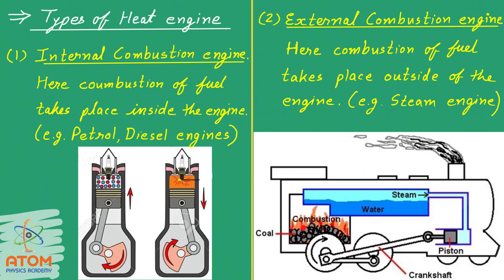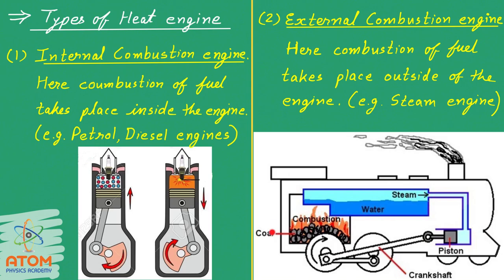You can see here the combustion of coal is taking place and due to this combustion, a large amount of heat is produced which heats up the boiler which is filled with water. Now due to the boiling, steam is produced and this steam with high pressure pushes this piston outside and so work is achieved.